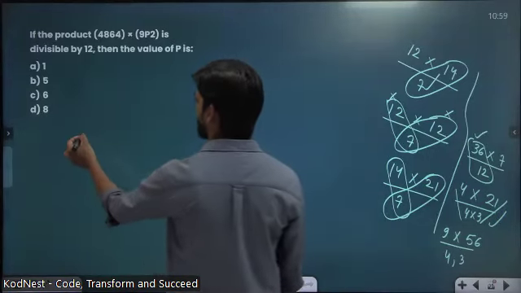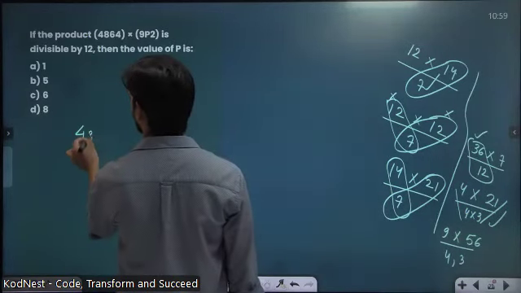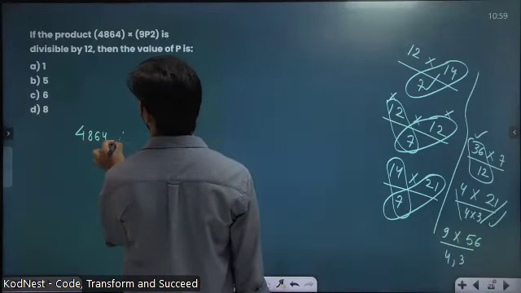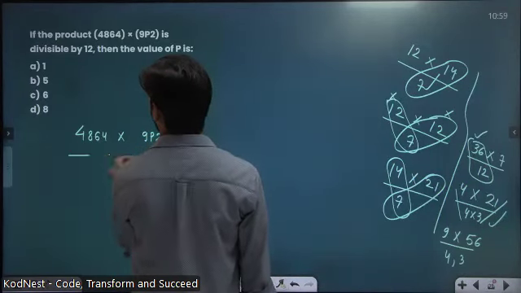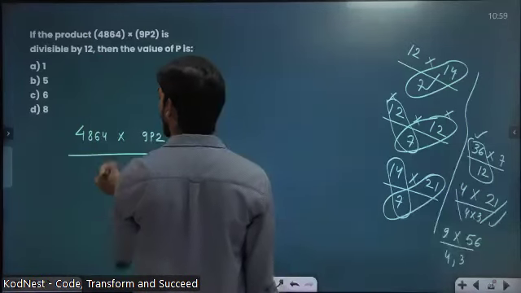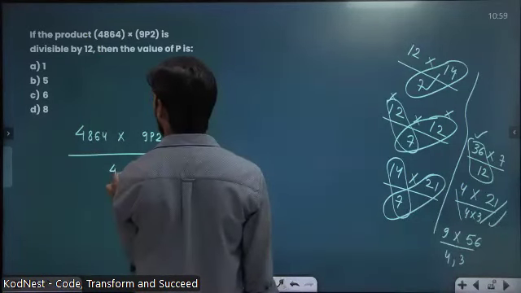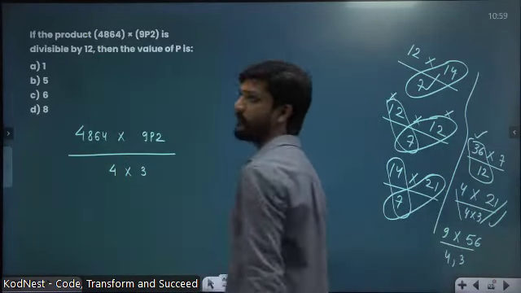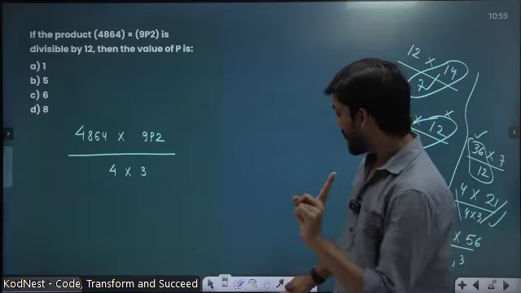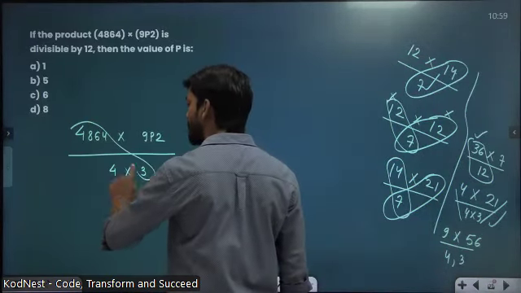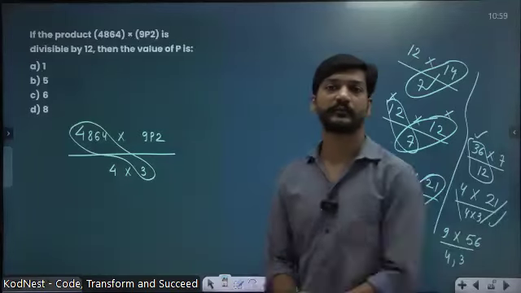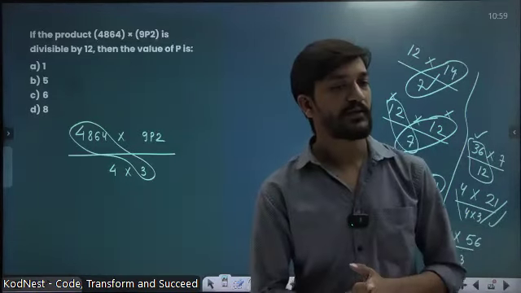Now carefully see, please. I am not writing 12. I am writing 4 and 3. Okay, please check one thing. Is this number divisible by 3? Check please once. Is it divisible by 3?